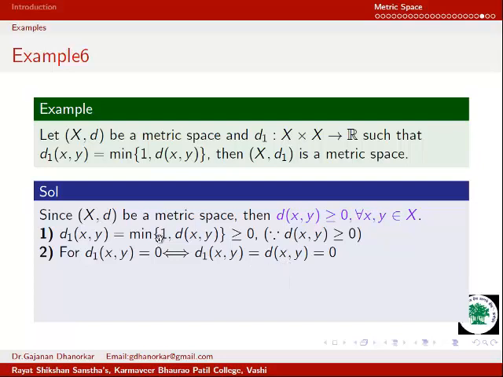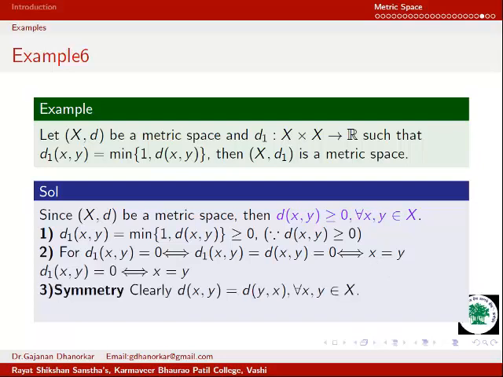Got it? Here this is 1 comma d of x, y. 1 is a positive number, therefore the minimum being 0 means d of x, y equal to 0, and d of x, y equal to 0 means x is equal to y. The second condition holds.